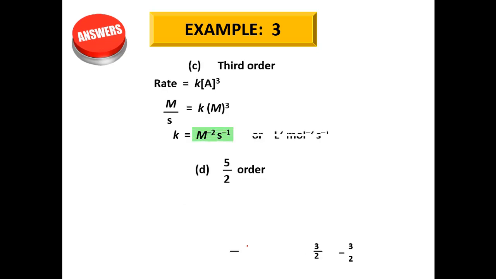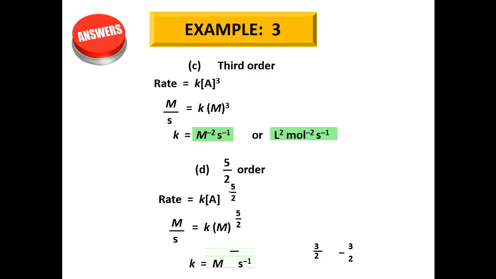Kalau bila order dia 5/2, nanti kuasa concentration tu akan jadi 5/2. So you just selesaikan macam ni saja. So you should get M tu negative 3/2. Ni mathematics lah, you boleh selesaikan dia.